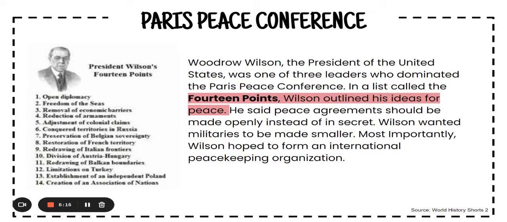He wanted militaries to be made smaller, but most importantly, he hoped for more international peacekeeping organizations. So today we have peacekeeping organizations that include lots of countries. But at the end of World War I, that didn't exist yet. And that was one of his major ideas.